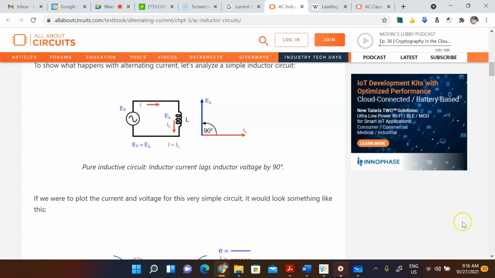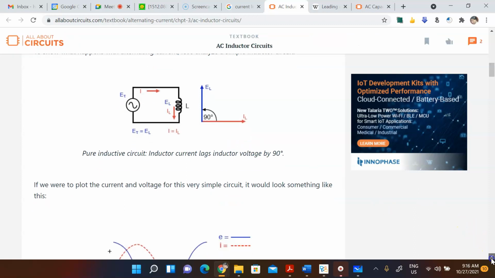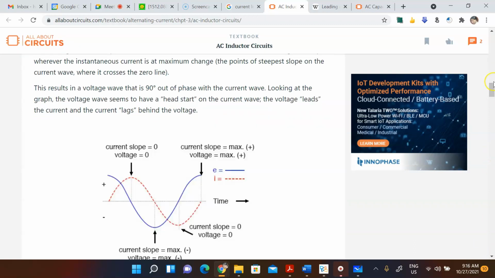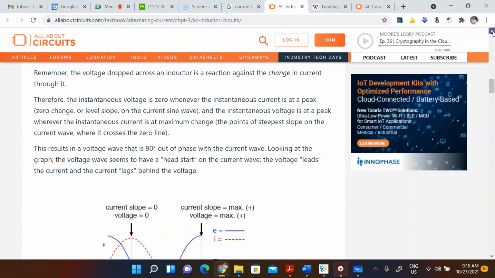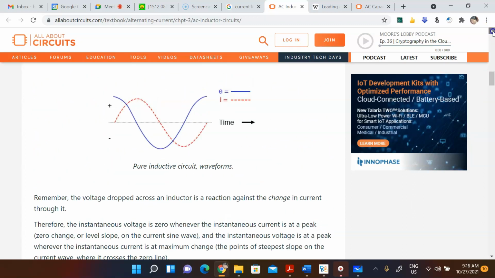So what happens in terms of the signal? Here is your voltage, but your current doesn't follow it directly; it lags behind. It follows the same signal, but it lags behind. That is what I mean by lagging, and the other one would be leading. This is the case of your capacitor.